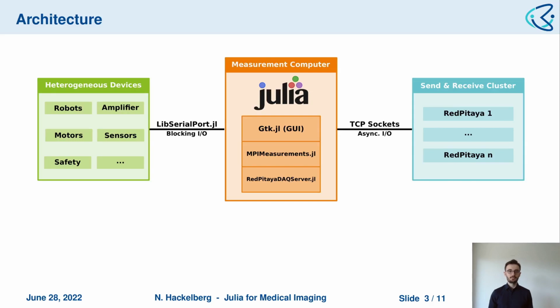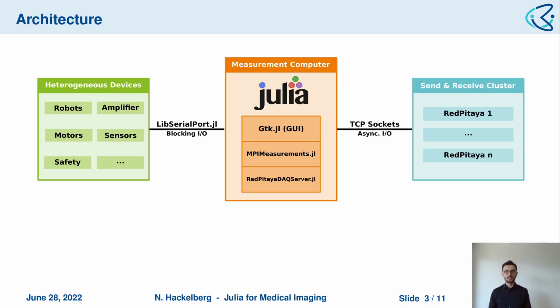The architecture of our systems can be seen here. We have a measurement computer that is running a Julia software stack with a graphical user interface, and this is using the MPI measurement package, which we wrote to control all the devices in our systems. And these devices can be roughly grouped into two sets according to their communication interface. The first group is a very heterogeneous group of devices that uses serial port communication. And for these devices we use the LibSerialPort package, which offers blocking I/O over serial port.